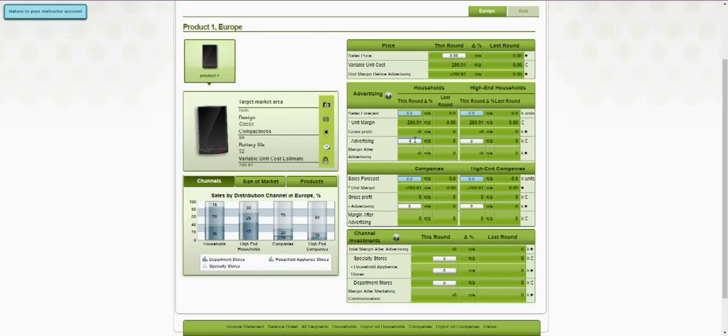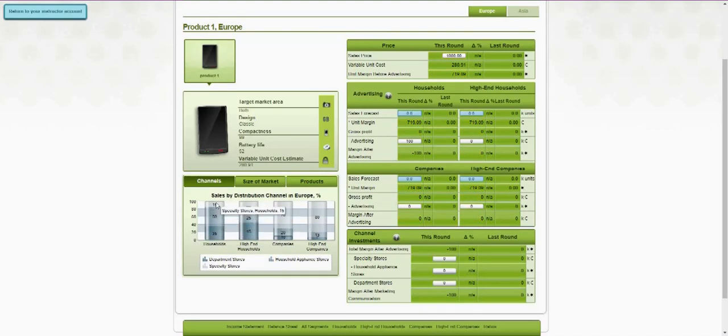So if we think about spend on advertising, if we've got our sales price and I put £1,000 for my super duper phone, we can then think about how many we're going to sell.